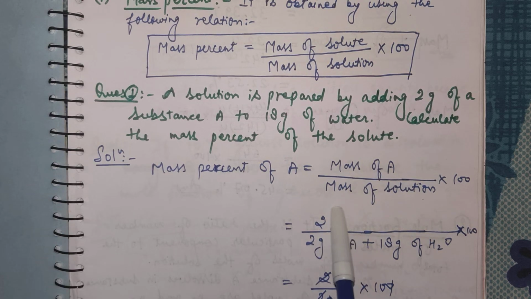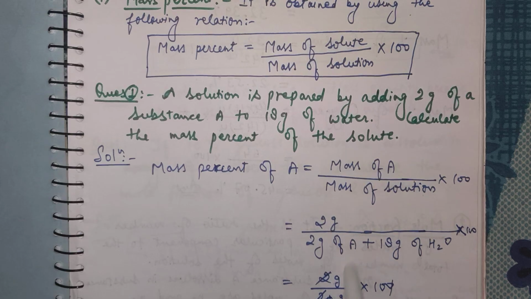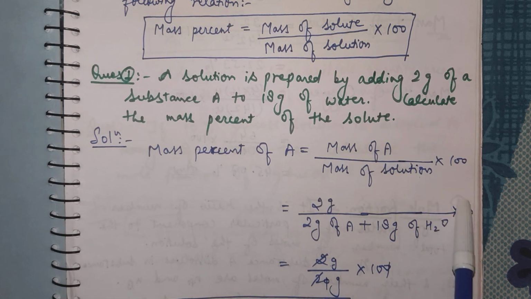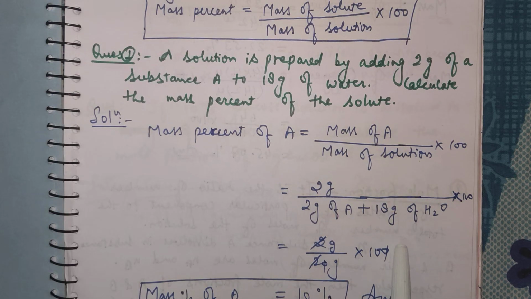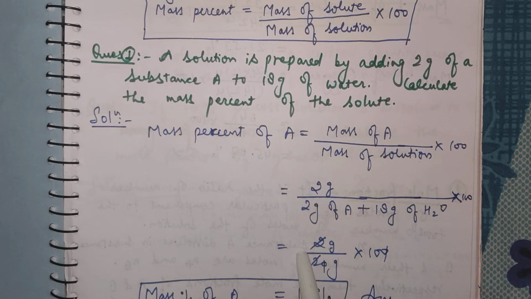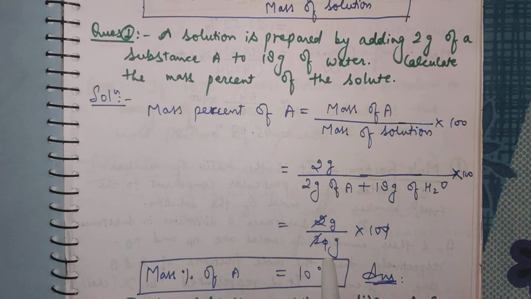The mass of A is 2 gram, given in the question, and the solution is 2 gram of solute plus 18 gram of solvent, that is water, formula H2O, multiplied by 100. So 2 gram upon 20 into 100, 10 cancels by 10 and 2 cancels by 2, so we get 10% mass of solute.